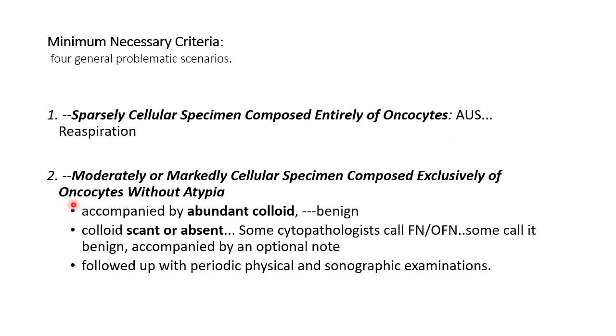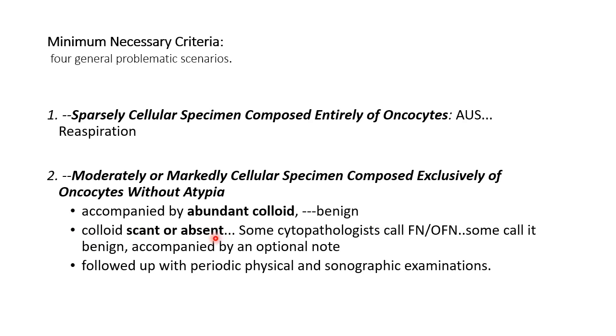The second scenario is if you have a moderately or markedly cellular specimen composed exclusively of oncocytes without atypia. So cellular specimen composed exclusively of oncocytes with no atypia, and the background is showing abundant colloid. So it is categorized under the benign category.